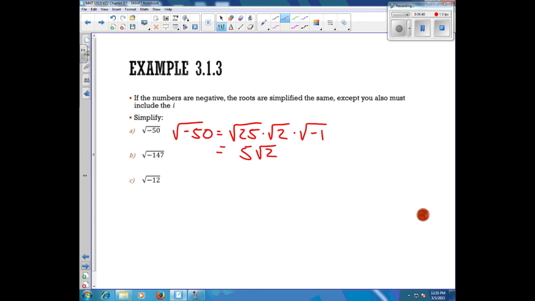We don't do anything to the square root of 2. And the square root of negative 1 just becomes i. This can be written in different ways because it's all multiplication. And so those two things are equal to each other. The thing to notice is that the i is not under the square root. i will never be under a square root.